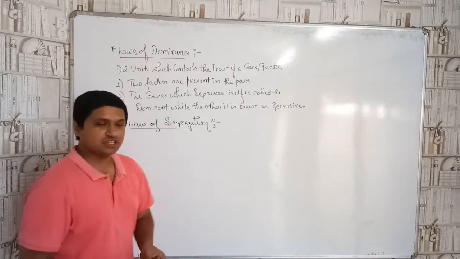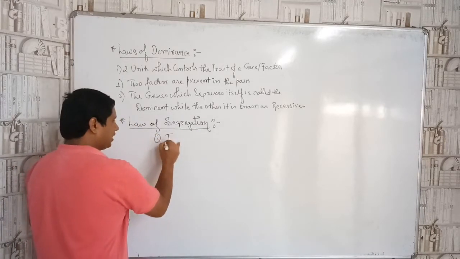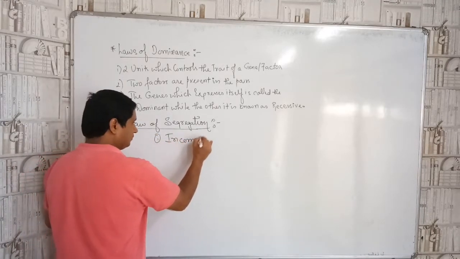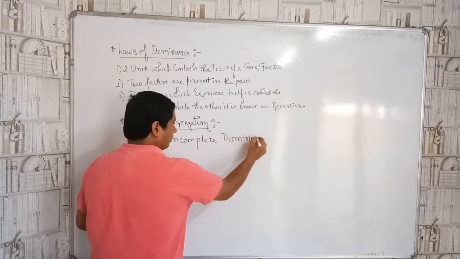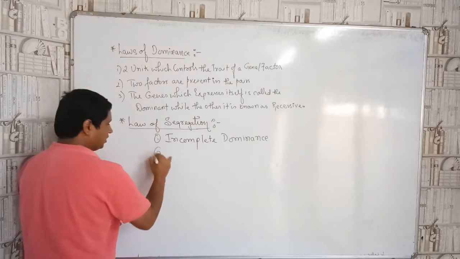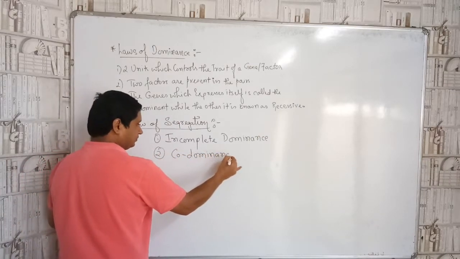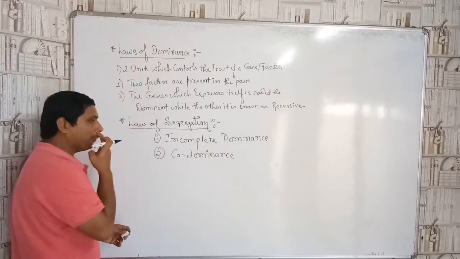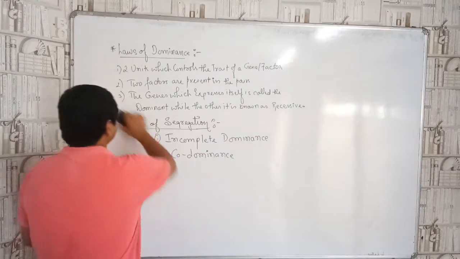Now the law of segregation can be studied by incomplete dominance and the other one, that is co-dominance. Okay, children? Now let us first talk about incomplete dominance.